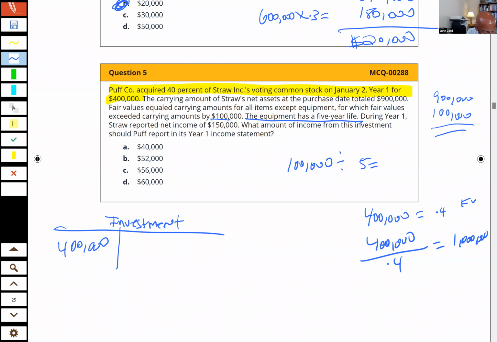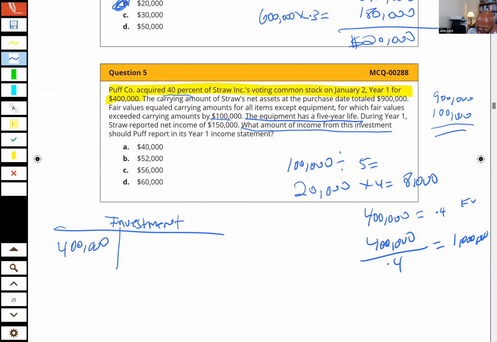That means I have extra depreciation of 20,000. But I only own 40% of that, so I multiply by 0.4. That gives me 8,000.